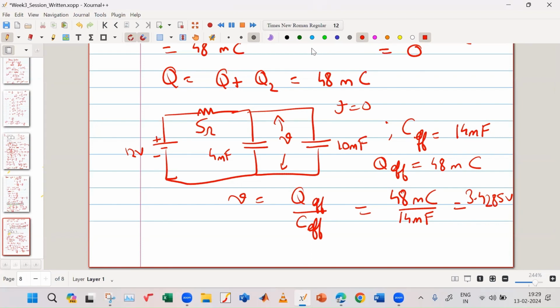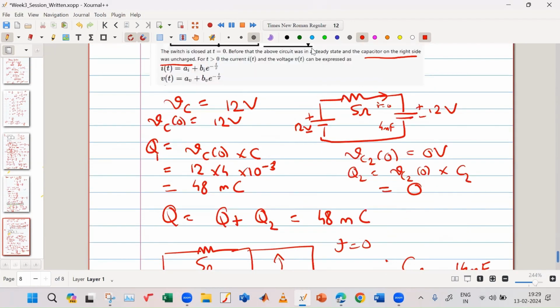So now in this circuit, at time t equal to 0, my effective voltage across both the capacitors is 3.4285 volt. So here is the confusion. This is what even I got confused. We usually consider that the voltage across the capacitor cannot change instantaneously. But actually it is just the charge stored in the capacitor that cannot change instantaneously.